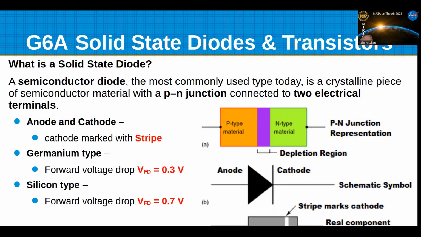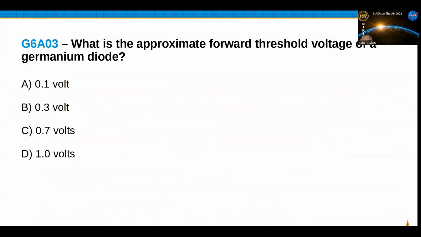If it's a silicon type, it's approximately 0.7 volts before it conducts. Now, there's other variations that have different voltages, but exam-wise, you only need to worry about germanium and silicon, 0.3 and 0.7. So what's the approximate forward threshold voltage of a germanium diode?